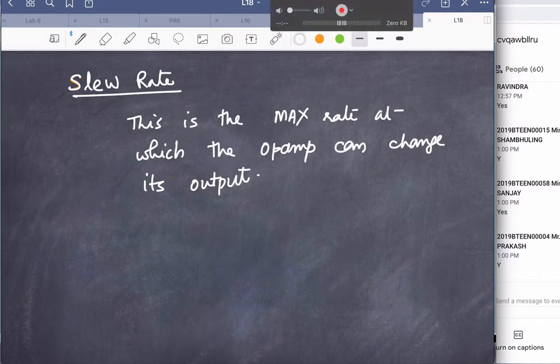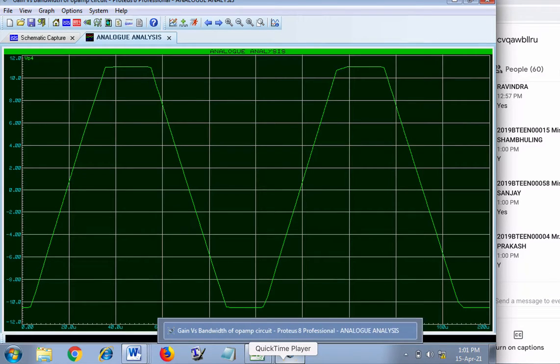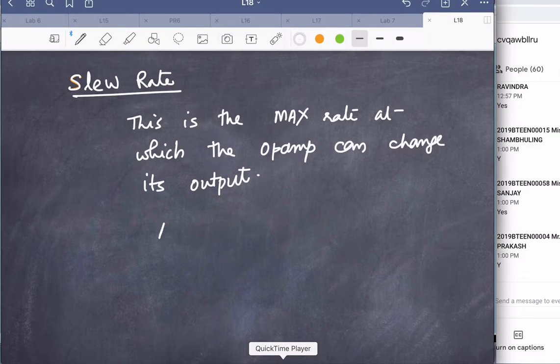We can measure that, not difficult. So this slope can be measured. It means you have to measure the change in time and change in voltage. So what you will do practically is measure change in voltage, change in time. So the unit will be volts per second.